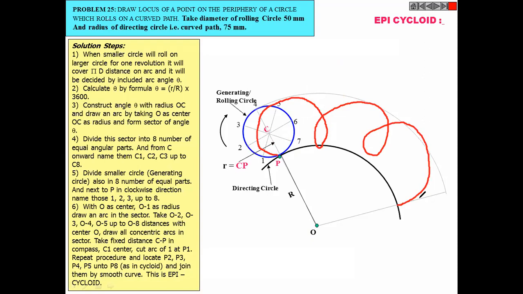Now, one question to you. In what I have shown you, the movement of P, how many times has P come back to its original position? Answer me.